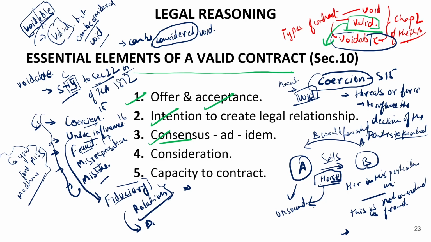So mere silence cannot be considered as fraud. But if the question has been raised and the answer has been deceitful in nature, then that is considered to be a fraud.